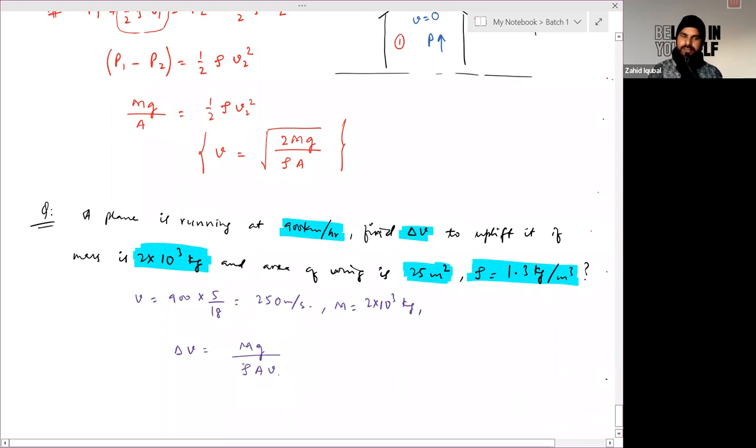Put all the values in this part. Take gravity to be 10 and simplify it. Khalid, just check your calculation. It will be around 2 point something.